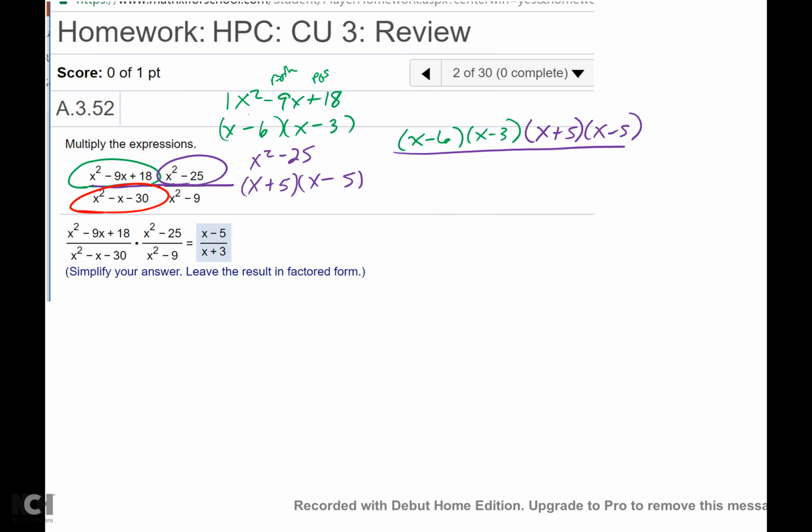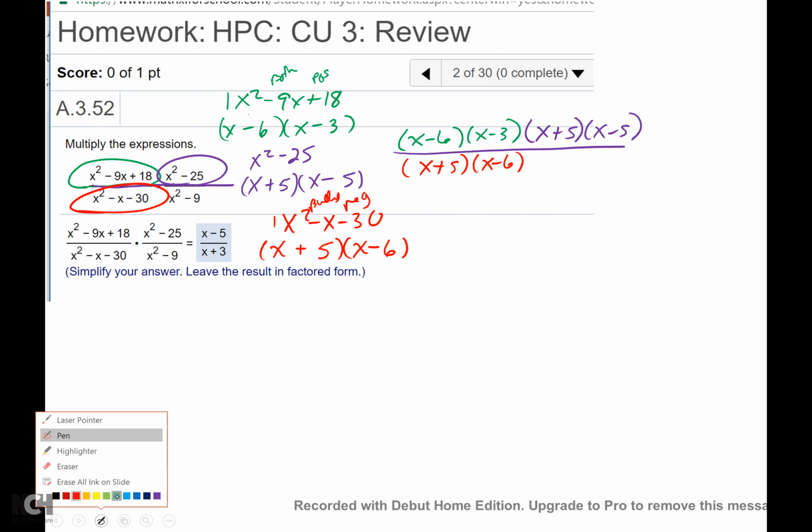The bottom, the x squared minus x minus 30 should be an easy factor because a is 1. So x times x, factors of 30 that make 1 would be 5 and 6. Since c is negative, only the bully gets the middle, and he doesn't. So I can rewrite that as x plus 5 times x minus 6.